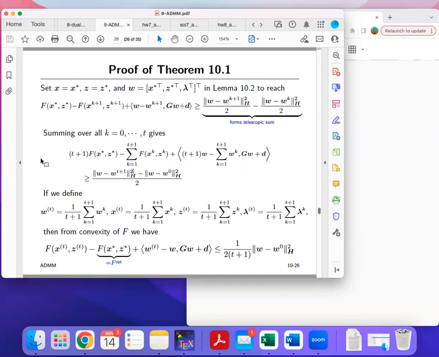Okay, just do a summation. And now we will define these running average variables, omega, x, z, lambda. In the subscript, we put a parenthesis. That means the running average of the corresponding variables. Just the definition.